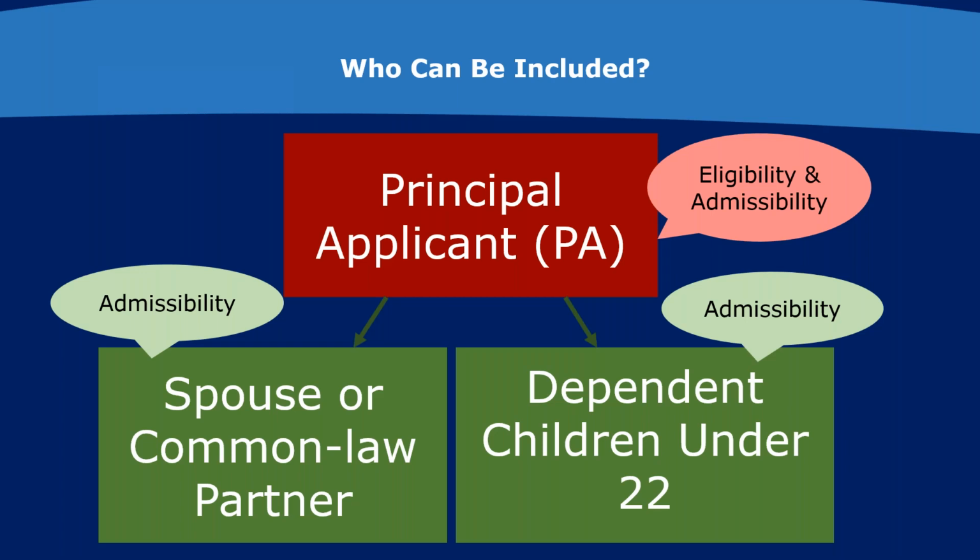Another important thing when it comes to declaring family members is that everyone that meets IRCC's definition of a family must be included on the application package. Otherwise, they will potentially be barred from coming to Canada under Section 117(9)(d) of the Immigration and Refugee Protection Regulations, IRPR.